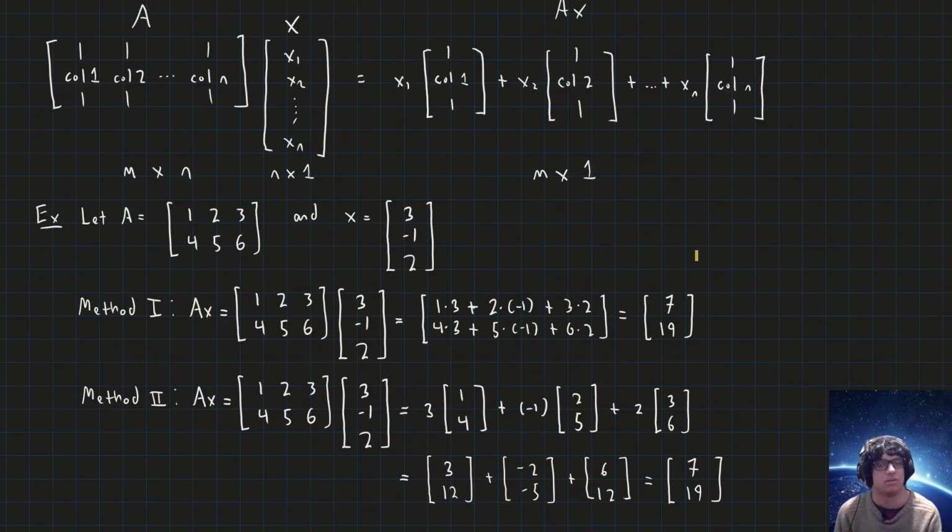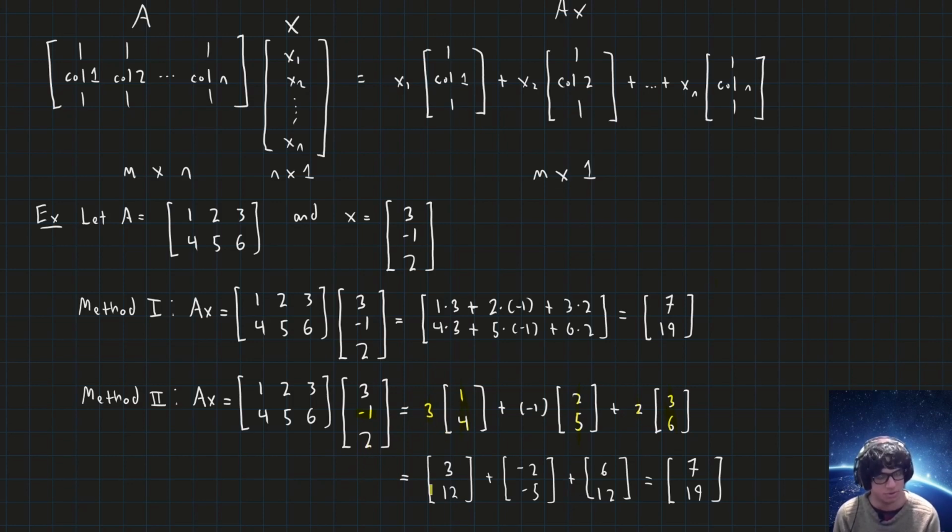Now we'll do the second method, the column method. So what does it prescribe? We take column 1 and scale it by the first entry of x, x1. So we compute this, plus column 2 scaled by the second entry, plus column 3 scaled by the third entry.